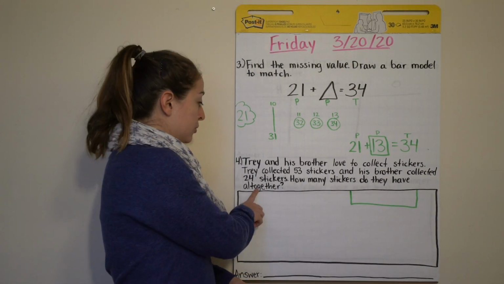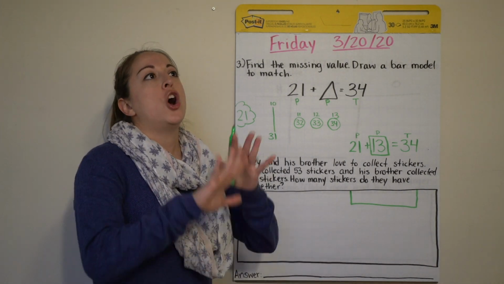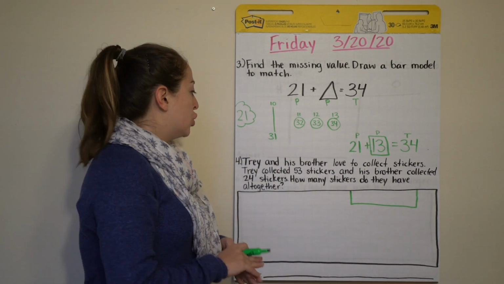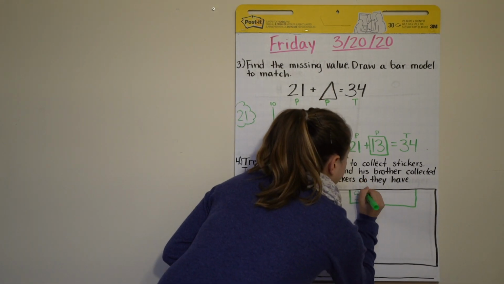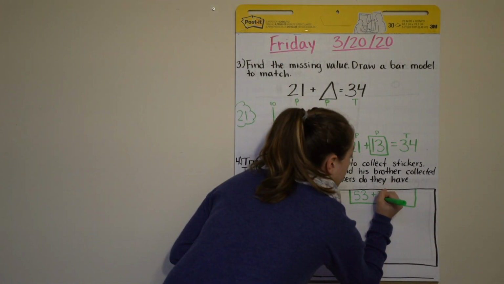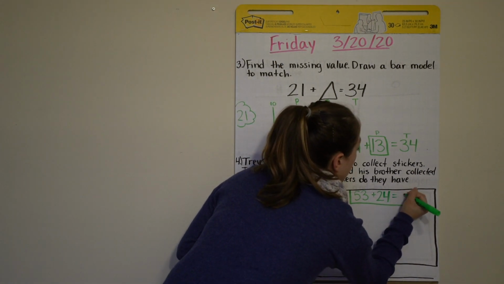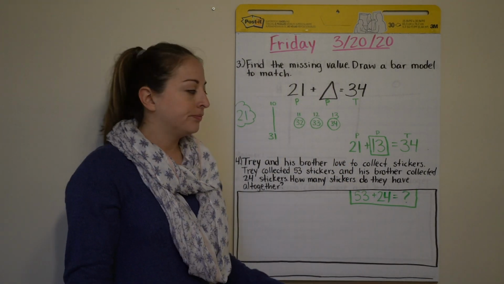That is a clue that you're going to add because we need to figure out how much we have all together. So your number sentence should have been 53 plus 24 equals question mark because we don't know how much they have all together yet.